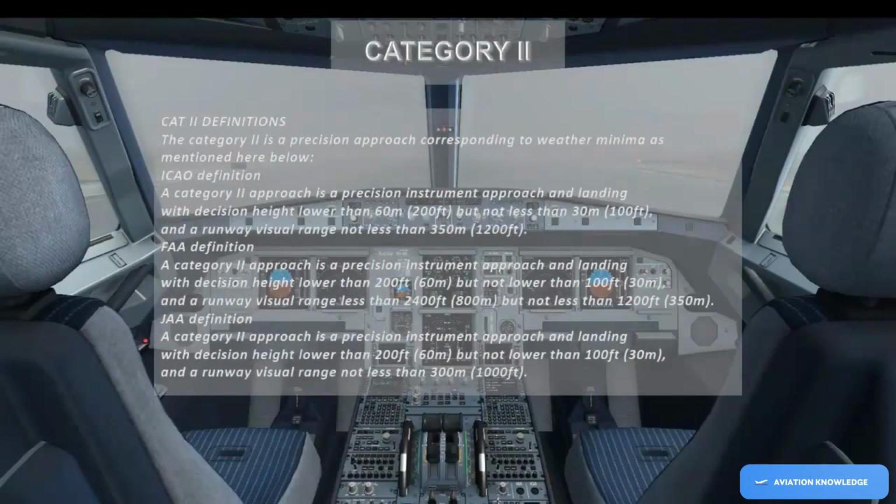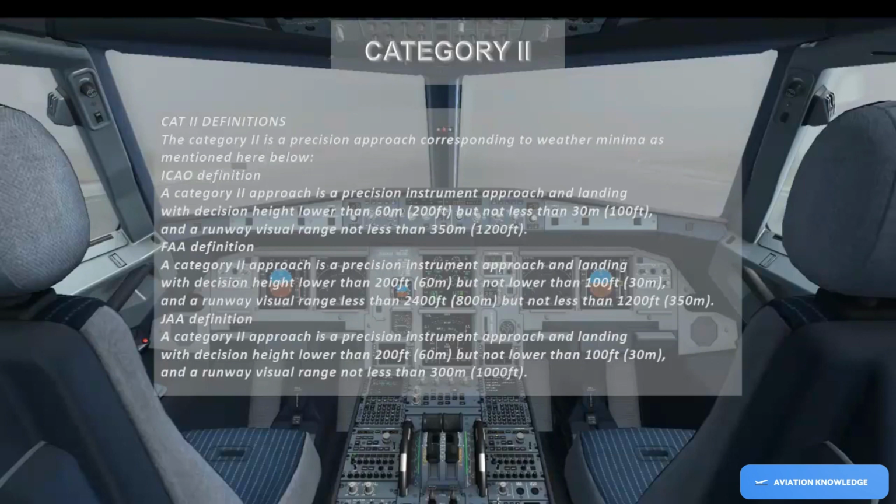Cat 2 definitions. The Category 2 is a precision approach corresponding to weather minima as mentioned here below. ICAO definition: a Category 2 approach is a precision instrument approach and landing with decision height lower than 60 meters, 200 feet, but not less than 30 meters, 100 feet, and a runway visual range not less than 350 meters, 1,200 feet.